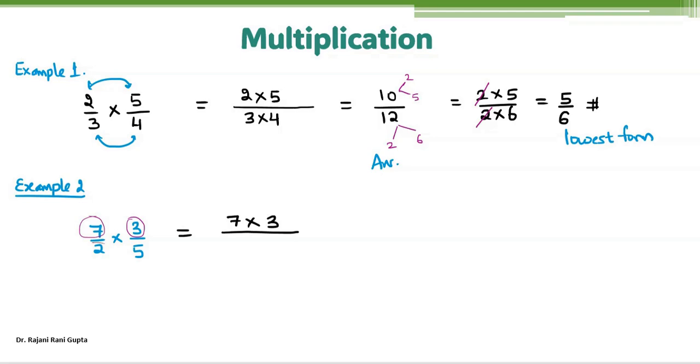We take the denominators 2 and 5, and since the sign is multiplication, we multiply them together, 2 times 5. So 7 times 3 is 21, and 2 times 5 is 10. Here we see that we don't have any common factor in 21 and 10, so this is the lowest form.